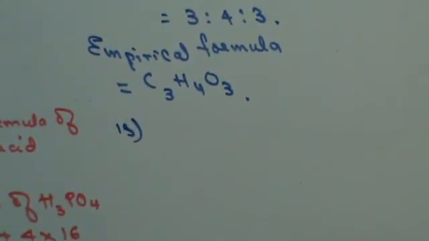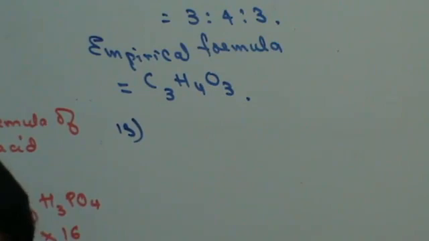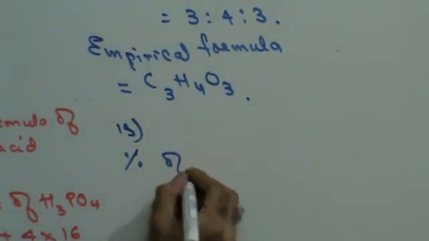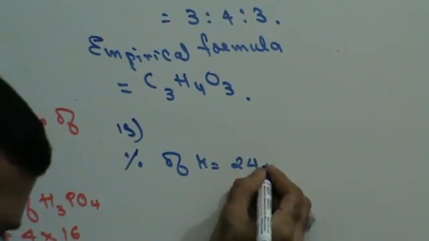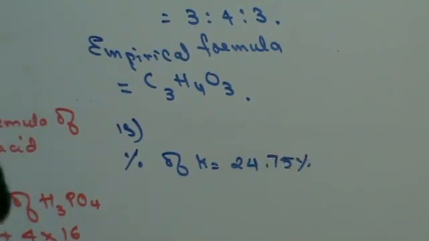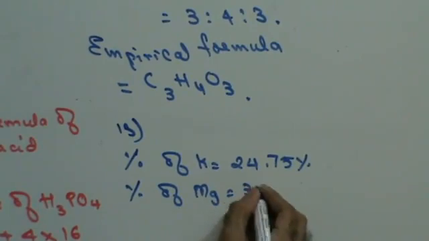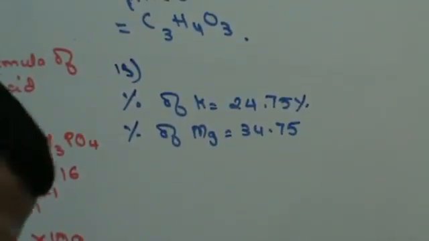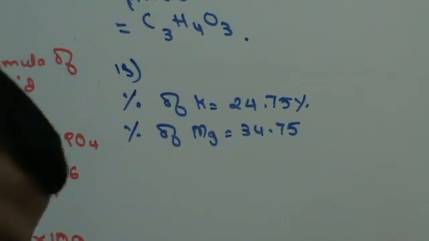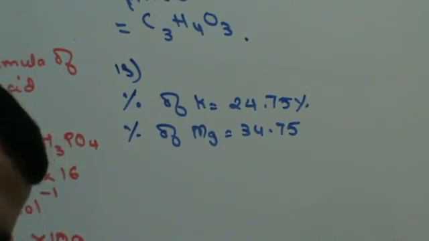An inorganic compound contains 24.75% of potassium and 34.75% of magnesium and some other element.